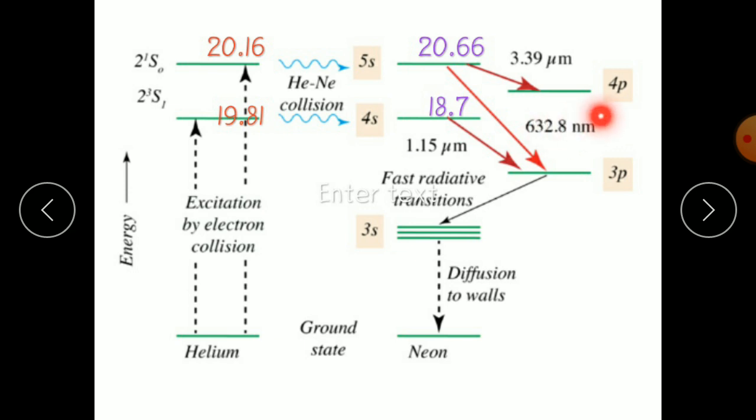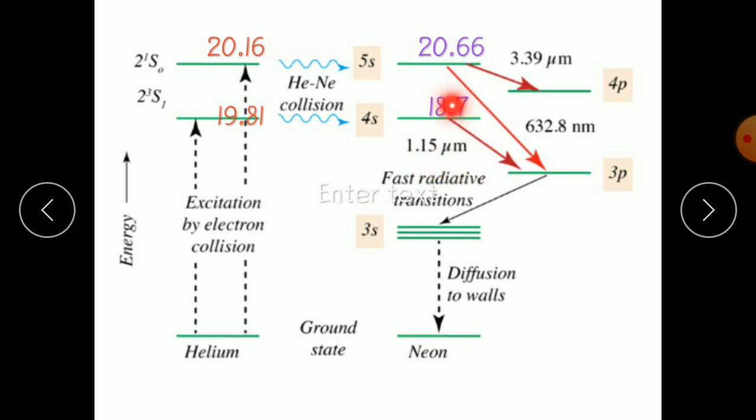This wavelength we use for our practical purposes with laser practicals. Again there is another transition, from 4s to the 3p level. This is also a radiative transition, and it emits a wavelength of about 1.15 micrometer.